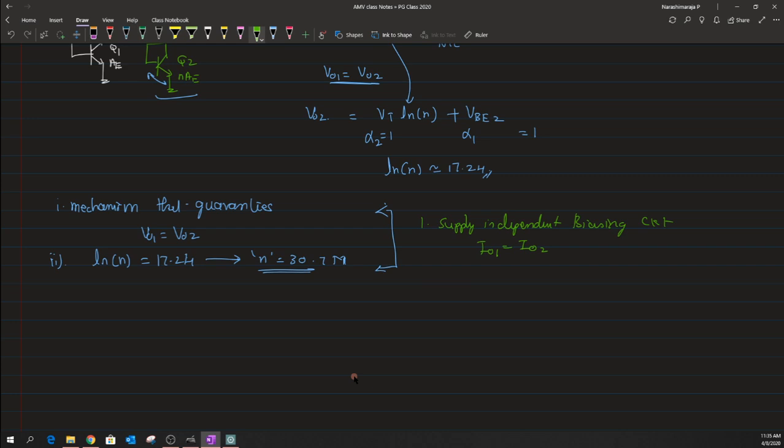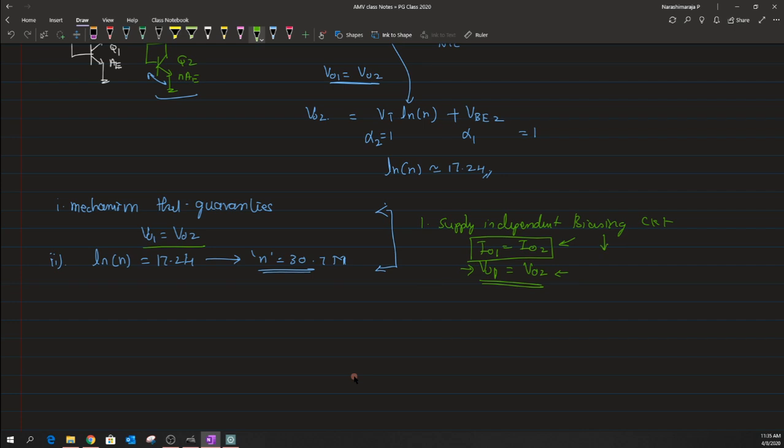We achieved this by doing some small modification to this supply independent biasing, and also one has to ensure this VO1 to be equal to VO2. Sorry, I forgot to mention this. So now one could use a supply independent biasing to ensure this particular parameter value, but in order to ensure the main requirement of VO1 being exactly equal to VO2, we need some modification to be done to this supply independent biasing circuit.